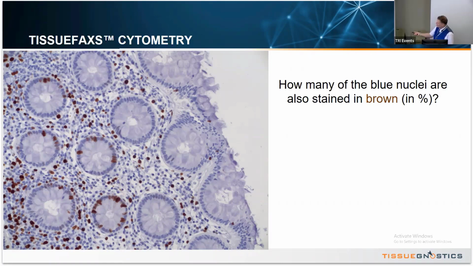When we say all the cells that we see here are 100%, how many in percent are brown positive? What would you say if you were to judge this staining? How many cells are positive? How many cells are proliferating in percent?